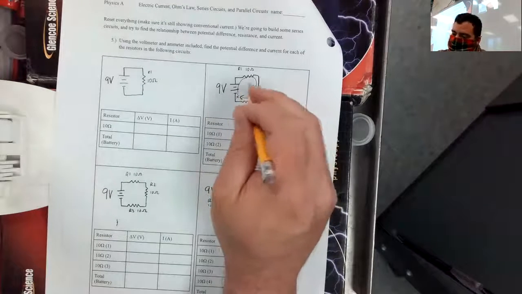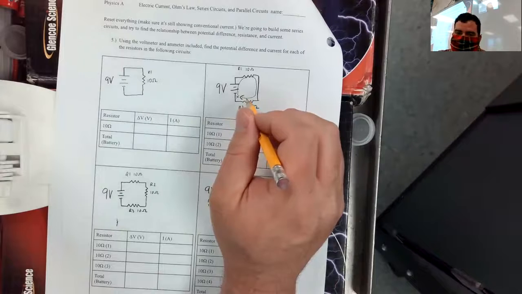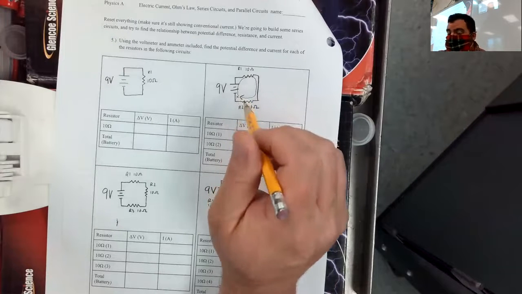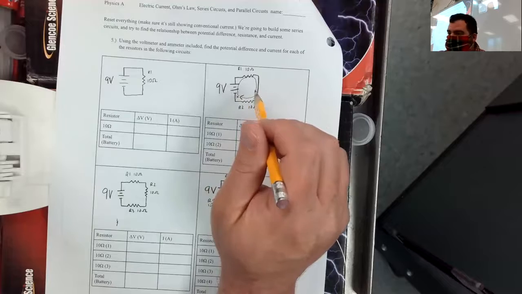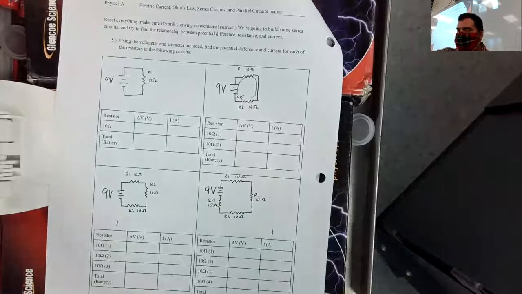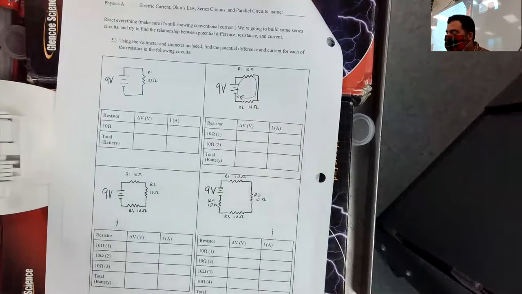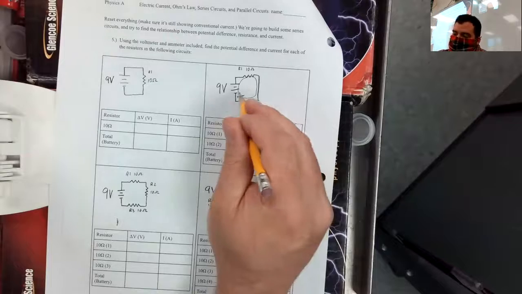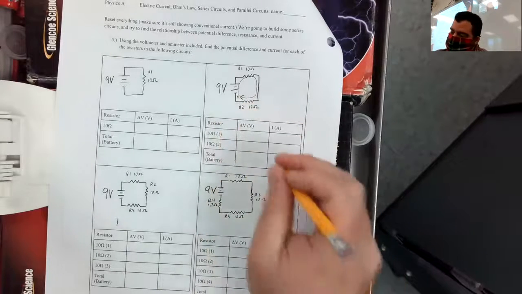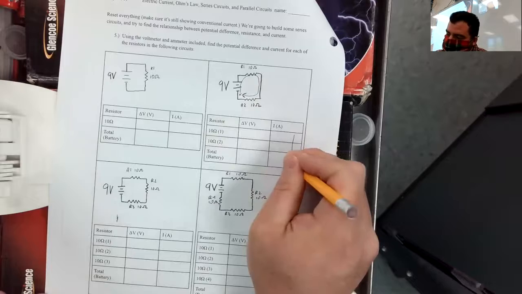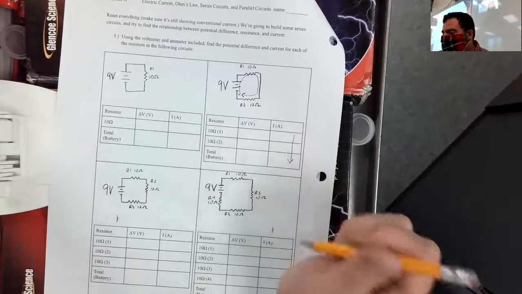Every electron is bumping up against other electrons. If it's going to move, it's not getting faster in one place and not speeding up in another place. If the kid in the back of the lunch line tries to go faster than the people in front of them, people get knocked over. So we only have one current throughout this single path. So all of these are going to get the exact same current. So you just have to find it in one place.